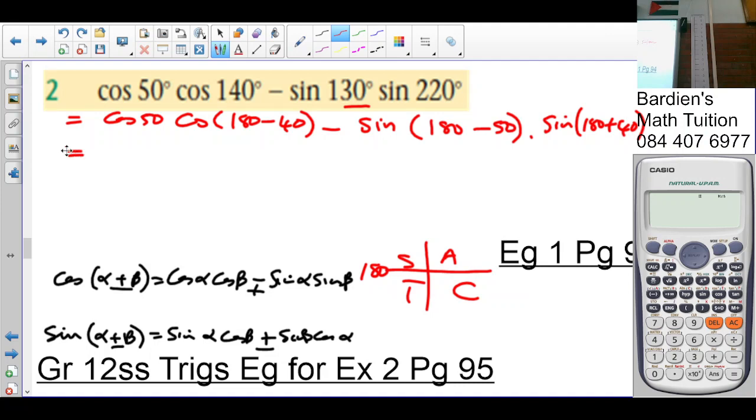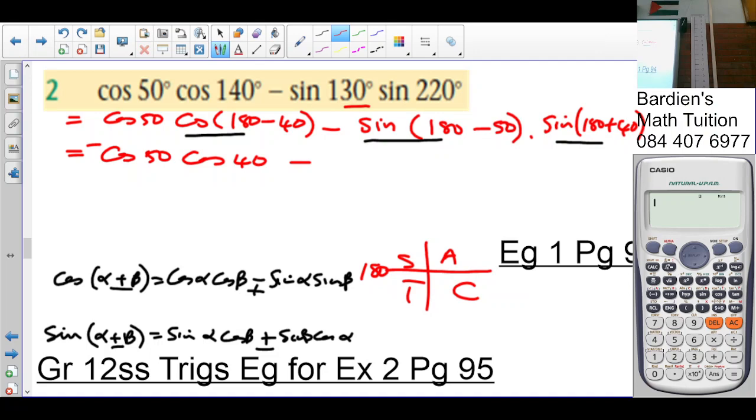So what I'm going to do now is reduce that using the reduction formula. So that's going to become cos of 50, 180 minus. Is cos positive or negative in the second quadrant? It's negative. So it's going to be negative cos 40. Can you see that, people? Minus 180 minus, which quadrant is that in? Second quadrant.